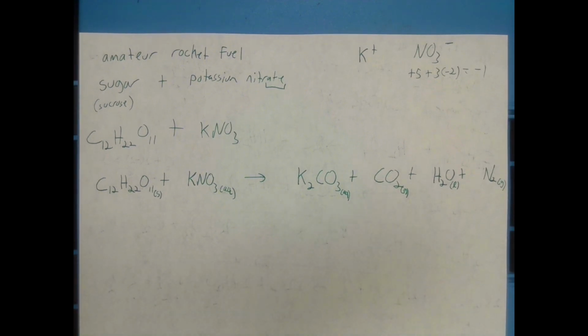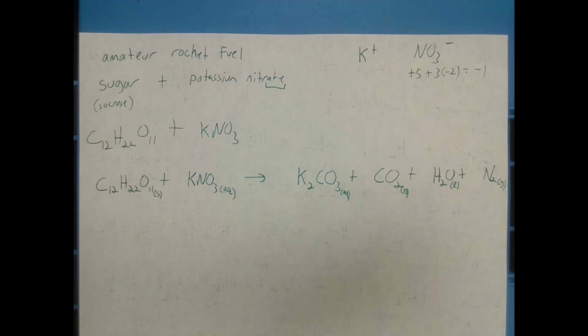What would be the coefficients? Yes, N2. Nitrogen is diatomic. So again, start with something that only appears once on the left and once on the right. What's that something? Nitrogen?